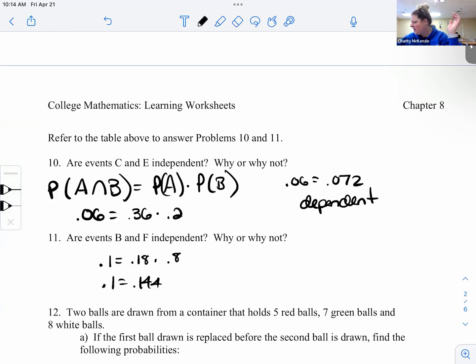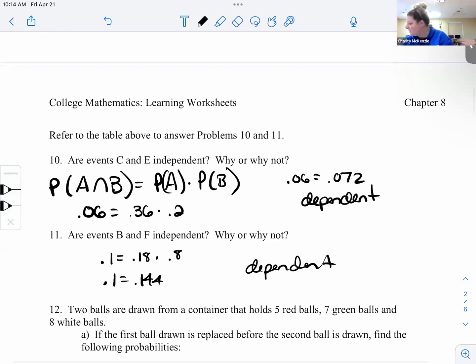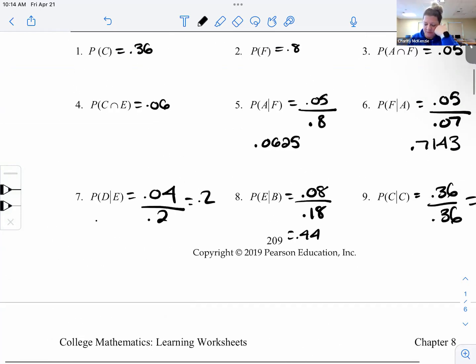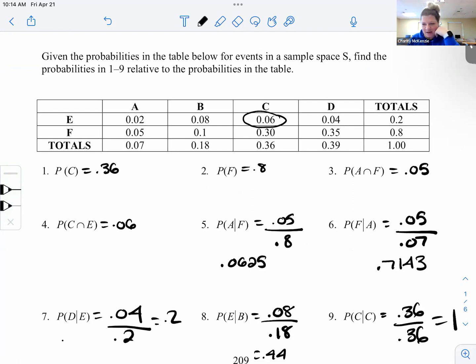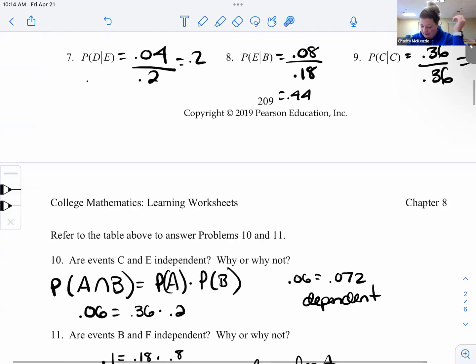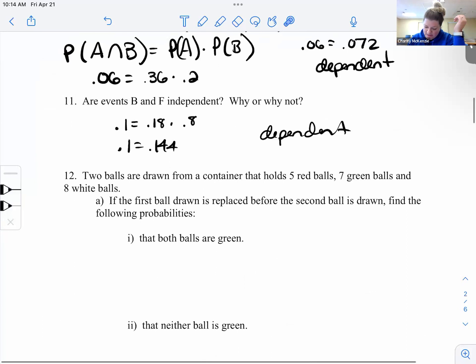I'm looking at their key. Yeah, this is dependent. We don't have any that's independent because none of them have a zero intersection. They all have values where they intersect, so they're all dependent upon each other.